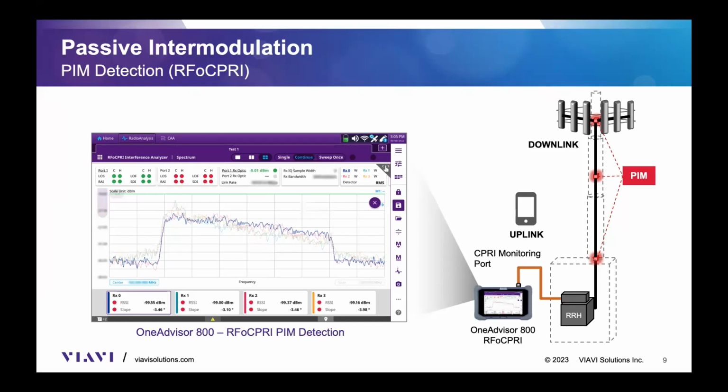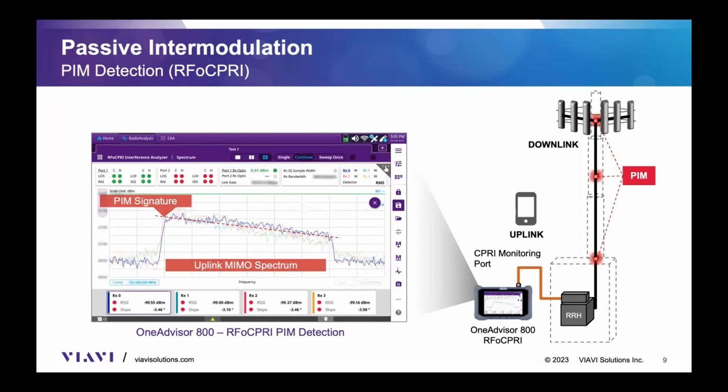In this example that I'm showing right here, as you can see, we have a slope. So we're looking into the uplink, but there's a slope, and that slope is a PIM signature. And again, just as a reminder, this happens because of the PIM that is induced by my downlink.